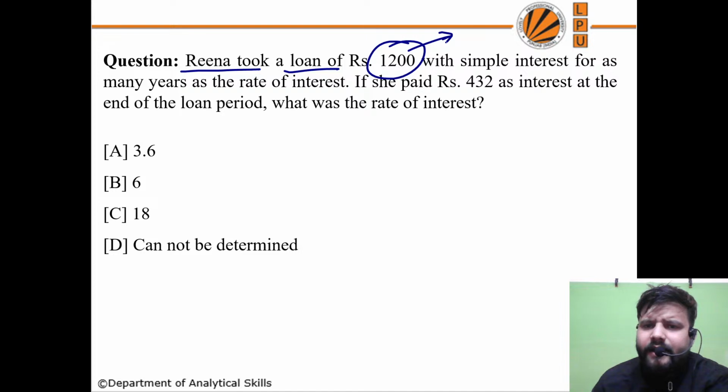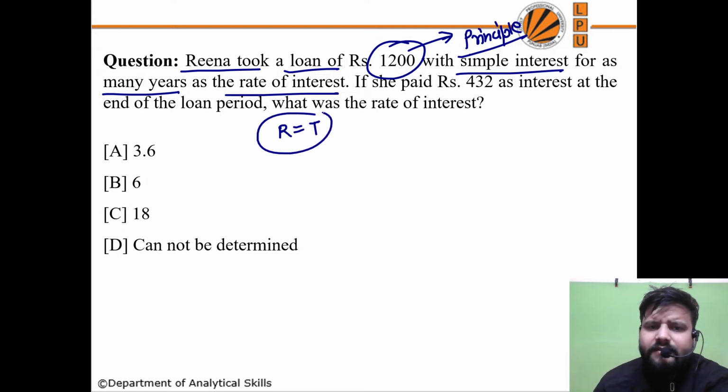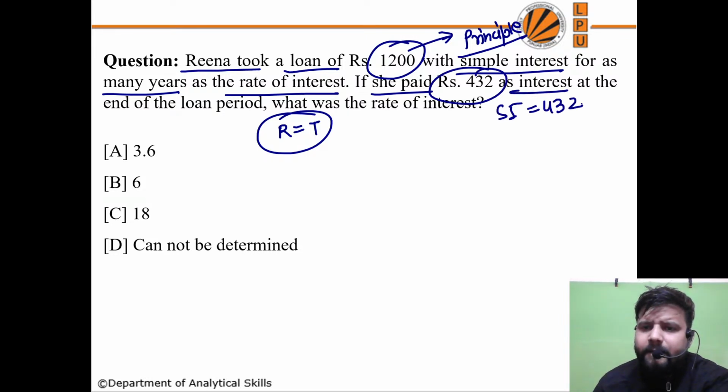So whatever you take as a loan or borrow, that is called principal. And the simple interest for as many years as the rate of interest. It means rate is equal to time in this. She paid 432 as interest, so SI is given to you as 432. The question is asking you to find the rate of interest.